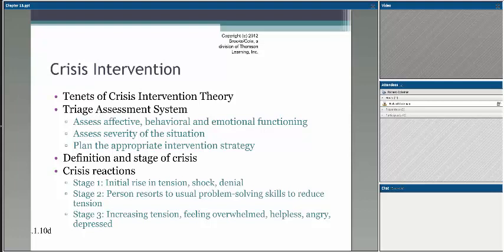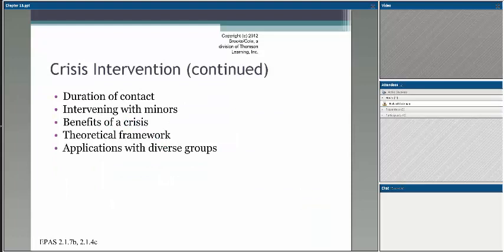School shootings are another one where we see those kind of crisis pieces. Stage two, we're looking at unusual problem-solving skills to reduce the tension, increasing the tension, feelings of overwhelmedness and depression. Those are some of the stages that families might be going through.